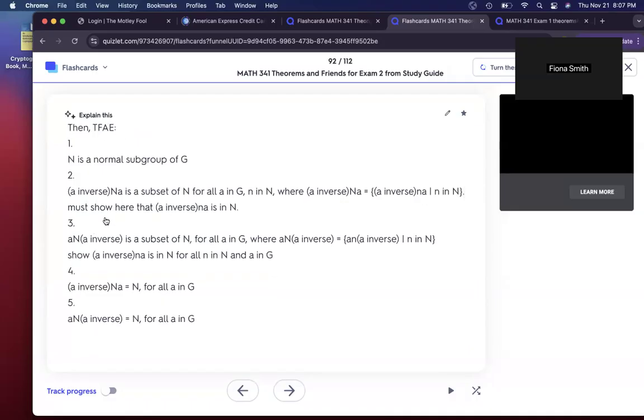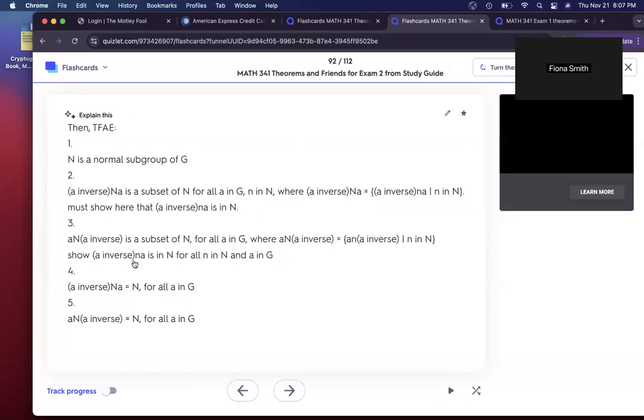2 and 3 go together. I think you need to show them both. You have to show closure. So A inverse NA is a subset of N for all A in G. And you have to show here that A inverse nA is in N. And then conversely, to prove number 1, you have to show that A inverse NA is a subset of N. That means we have to show A inverse nA is in N. I think I wrote that last part the wrong way around, but you know what I mean. 4 and 5, they go together.